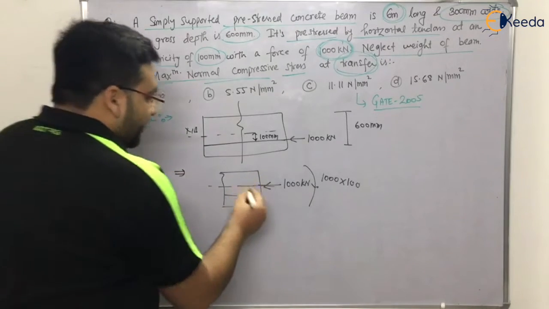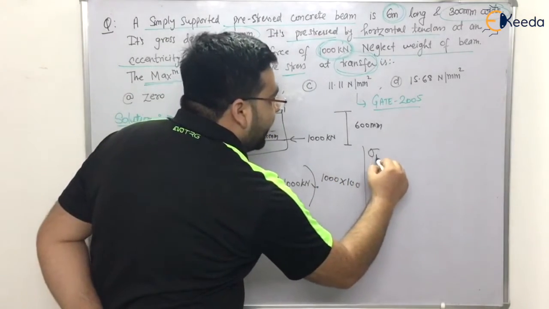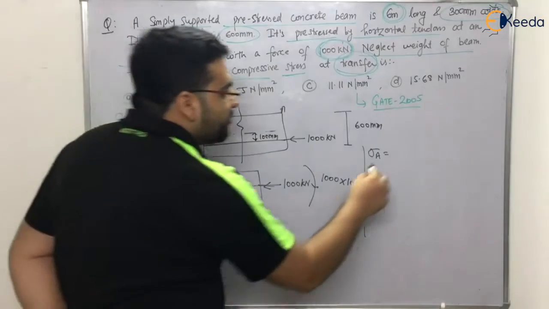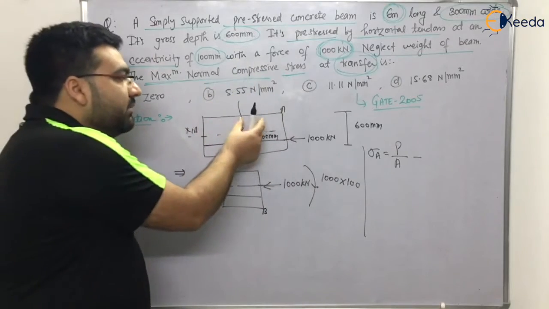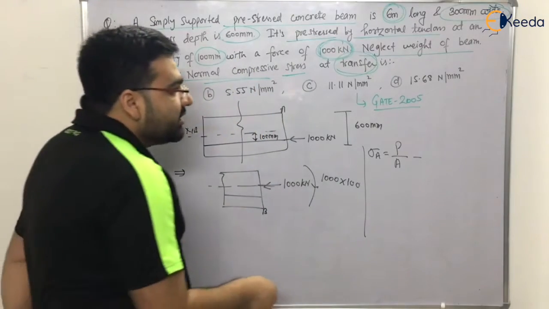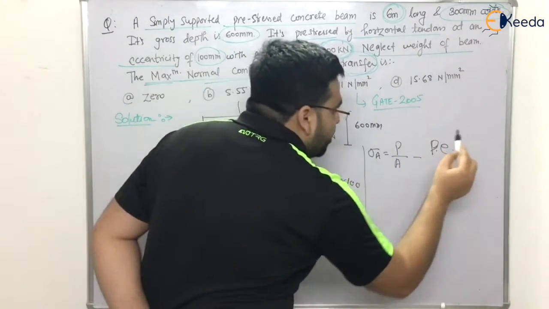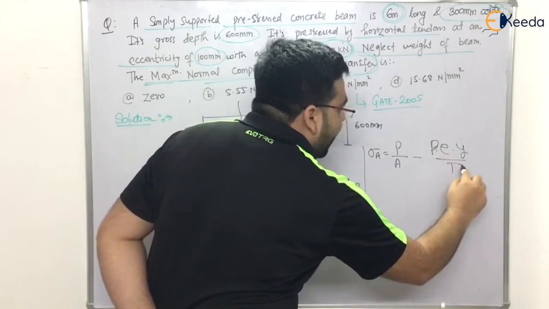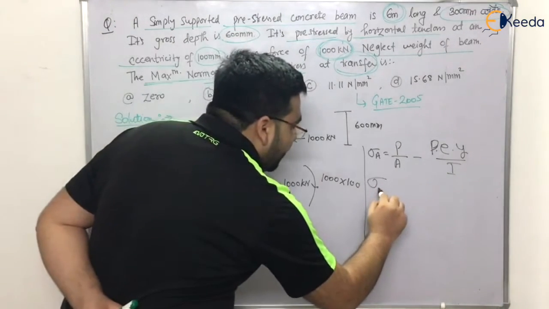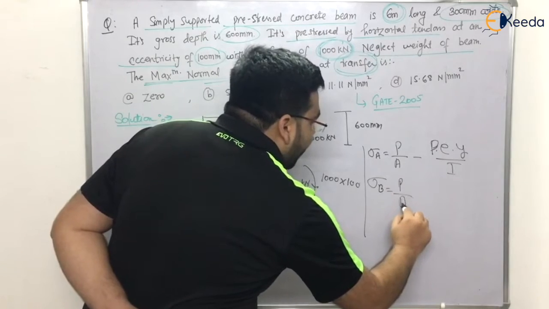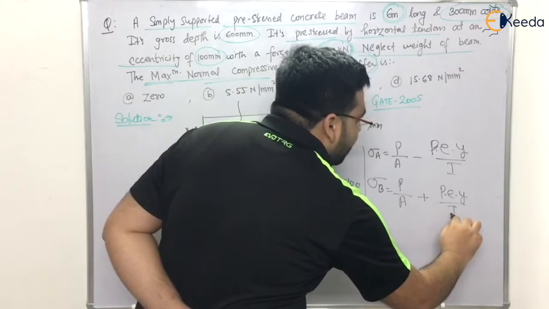And I told you that this is your B and this is your A. And I also told you that sigma at A will be equal to, due to normal compressive stresses, P by A, minus, because due to bending there will be some tensile stresses at the top, so minus P into E into Y divided by I, and I by Y, that is the section modulus, I wrote it as Z. And sigma at B will be equal to P by A plus P into E into Y by I. Simple.